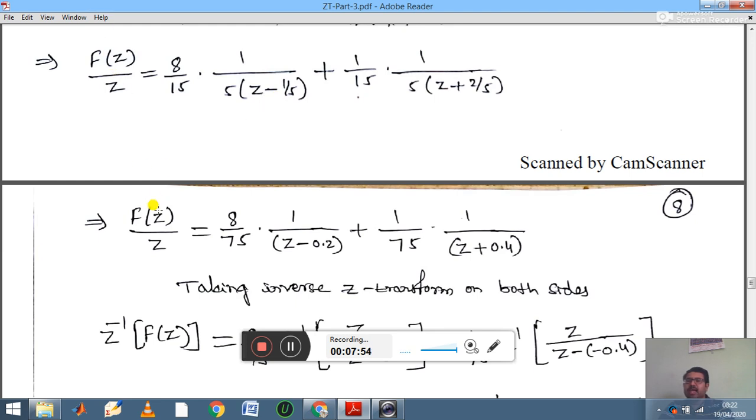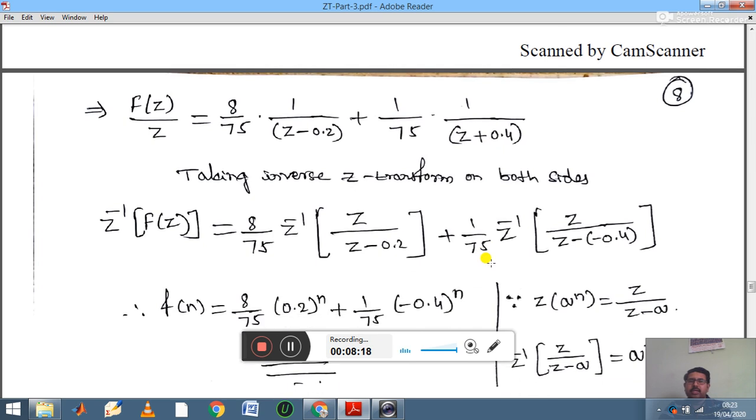F of z by z as it is, 8 by 15, here 15 into 5 gives 75, so 8 by 75, 1 divided by (z minus 1 by 5), whose value is 0.2, plus 15 into 5 gives 75, 1 by 75 into 1 divided by (z plus 2 by 5), whose value is 0.4.